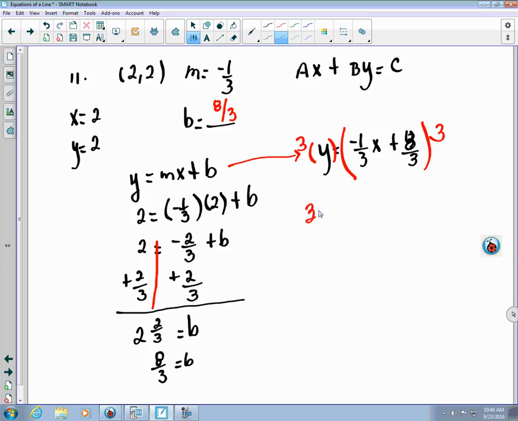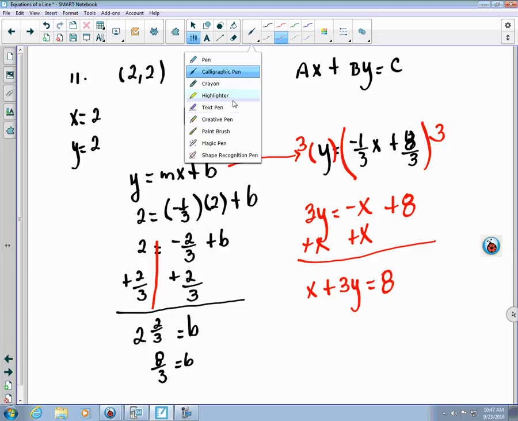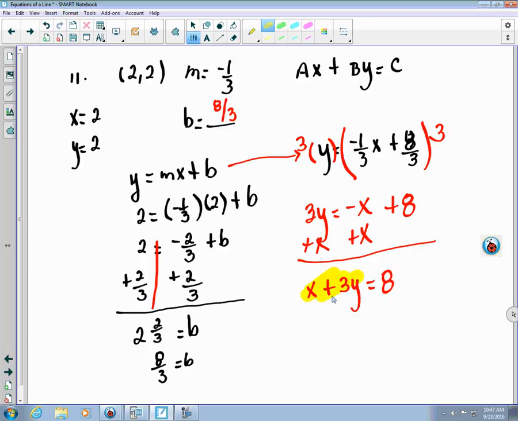So I get that 3y equals, what's negative 1/3 times 3? Negative 1x, right? What's 8/3 times 3? 8. And then the last thing that I need to do would be to add x. So x plus 3y equals 8. And I have it in standard form. Okay? Muy bien.